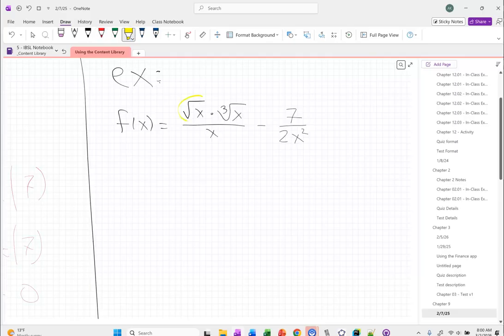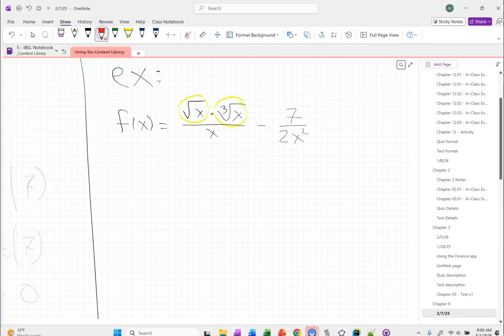So, the only thing I can take the derivative of are power functions and constants. I need to get this into the form where I have just power functions and constants.